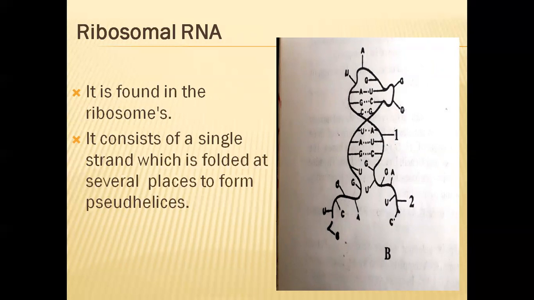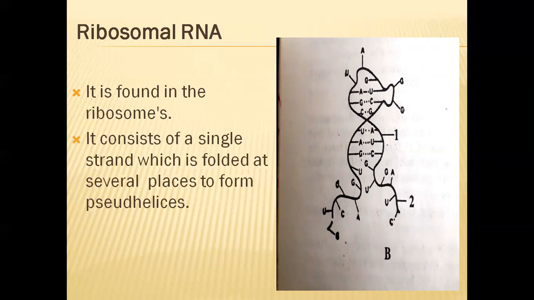But in some places it folds and forms pseudo helices like DNA. Actually rRNA is a single strand, but due to these foldings, it forms pseudo helices.